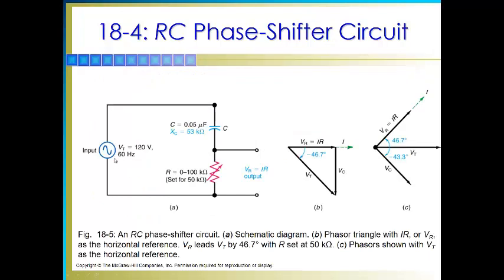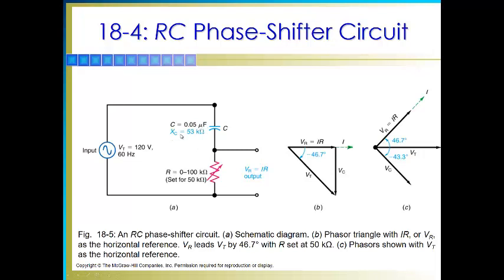All right, let's see this part of the circuit. This is the input. The input has 120 volts at 60 hertz frequency. The capacitance of this capacitor is 0.05 microfarads.